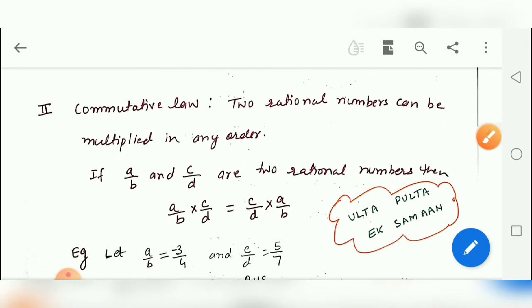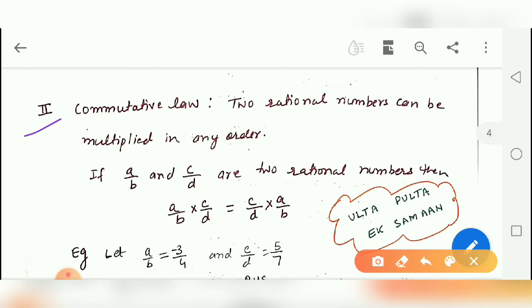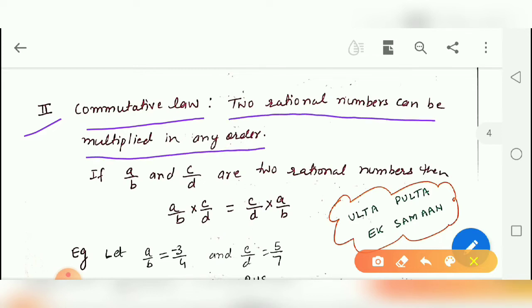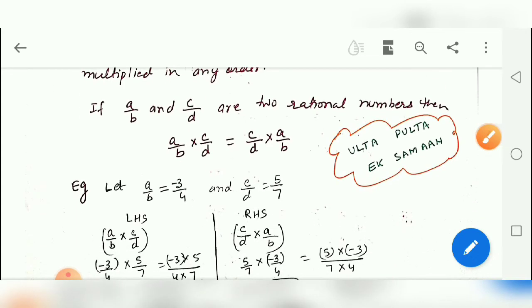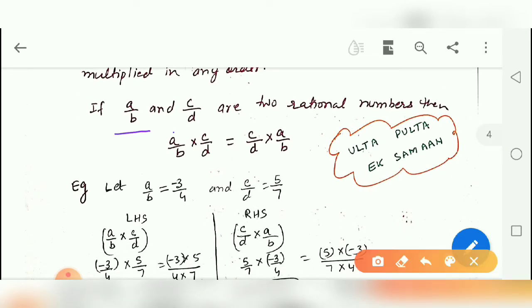Now our second property is the commutative law. What does it say? It says that two rational numbers can be multiplied in any order. It means if a upon b and c upon d are two rational numbers, then a upon b into c upon d is equal to c upon d into a upon b.